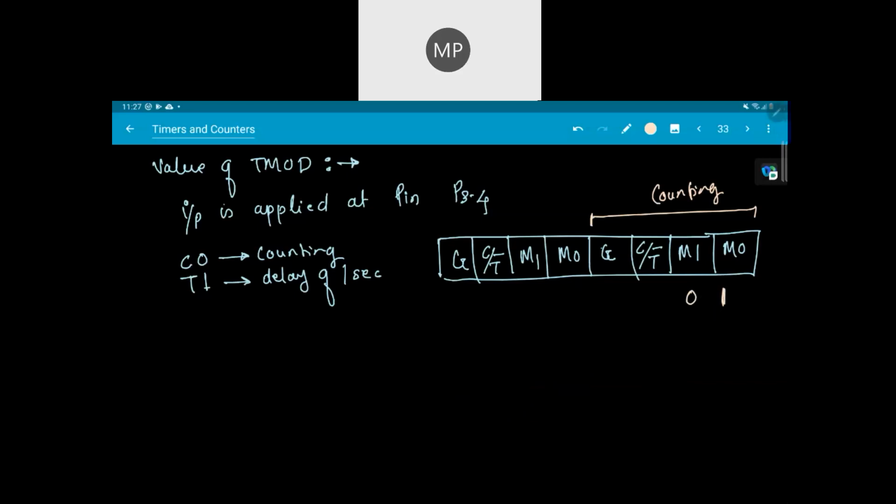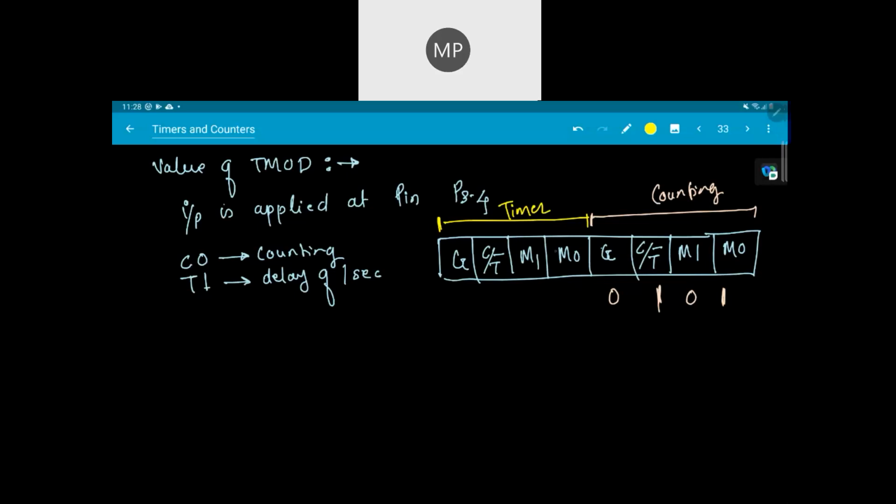Now we want to use this as a counter, so C/T bar would be 1, that will indicate it is a counter, and we want to control it internally, so this is 0, right? Now the remaining portion, this section, is used as a timer.